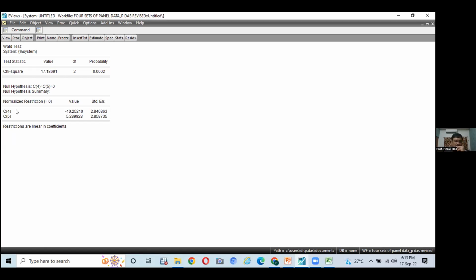If this Wald test is statistically significant, then we can say that there is a short run causality running from the independent variable, that is trait, to the GDP.